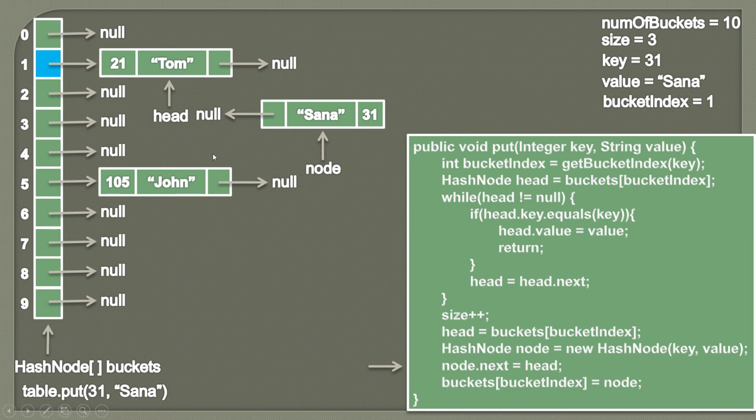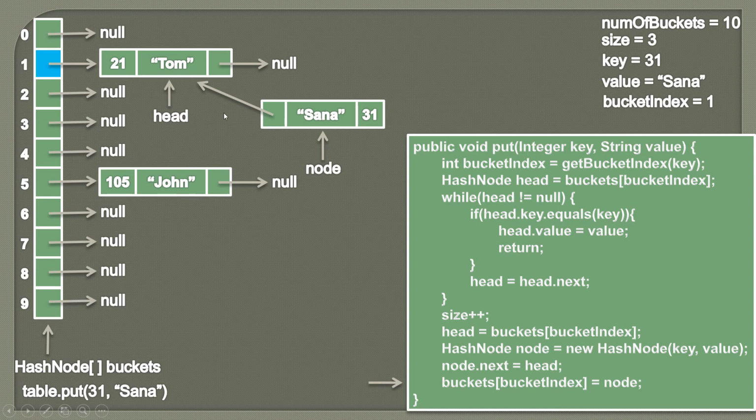So first we need to hold this chain. How we can hold this chain is we assign the value of head to node's next, because we want to insert this node before the head. So node next should point to head. After this assignment, it would look something like this: node next is pointing to the node to which head is pointing. And then we can simply break this link and assign it to our newly created node.